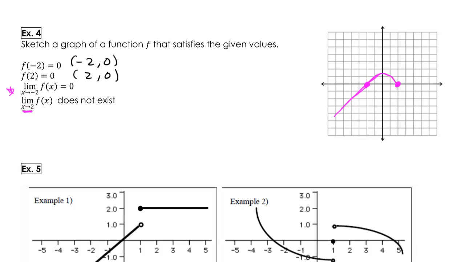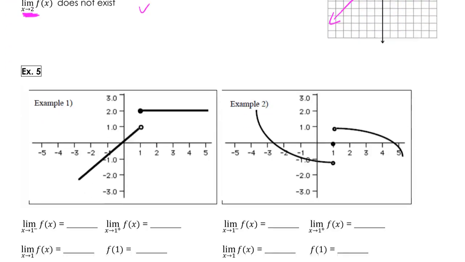So I'm just going to continue this on, but I cannot continue past this, because if I draw a line here, or some piece of a function, the left and the right would meet up. So I'm just going to go up here. Now I have a case where as x approaches 2, the left and the right don't meet up. And then we satisfied all those conditions. And we're good.